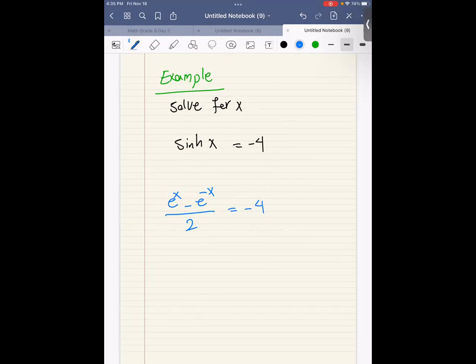What strategy would you use? You can basically say e to the x minus e to the minus x is equal to -8. That means e to the x minus e to the minus x plus 8 equal to 0. Now, my question is, how would you solve this?